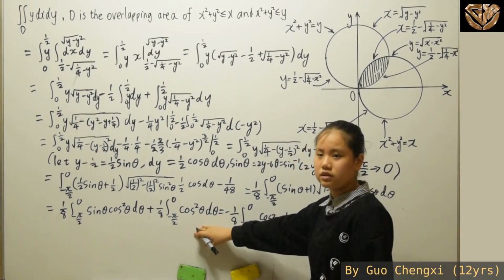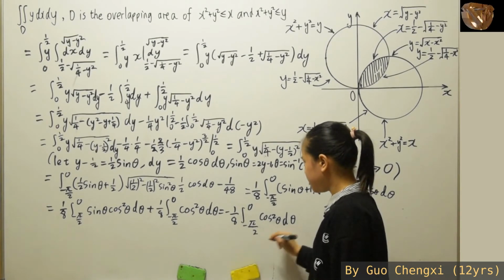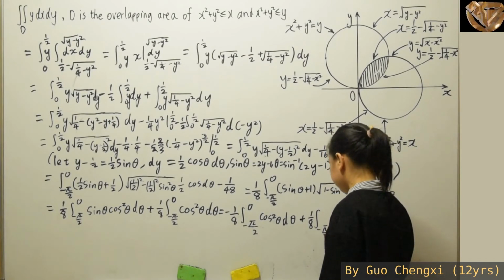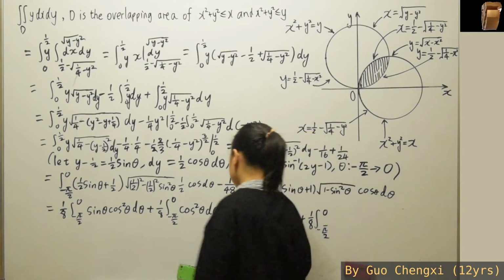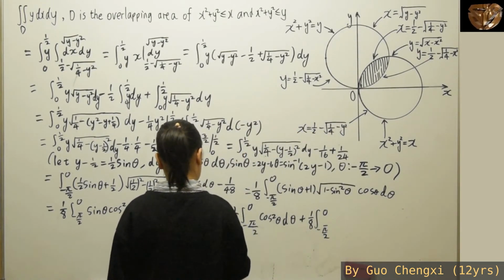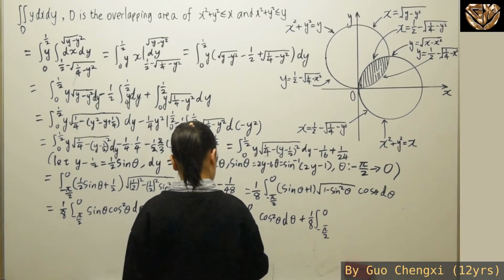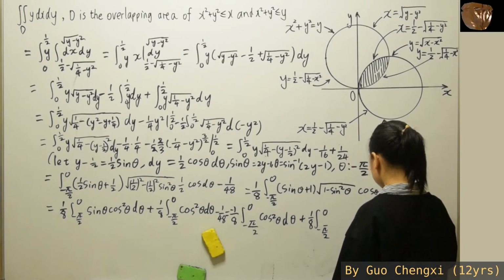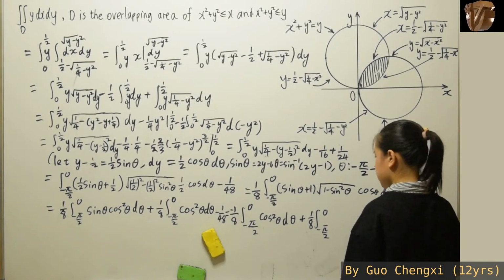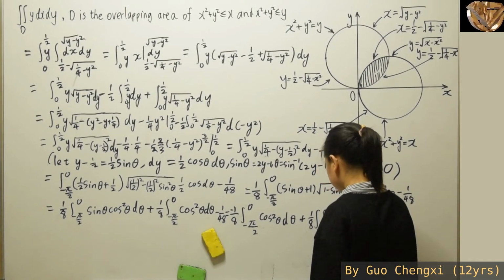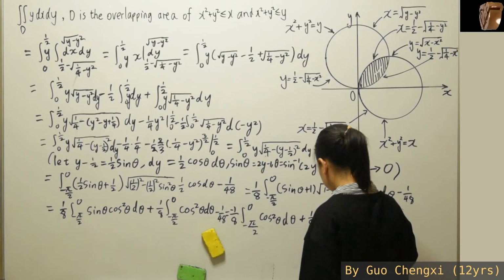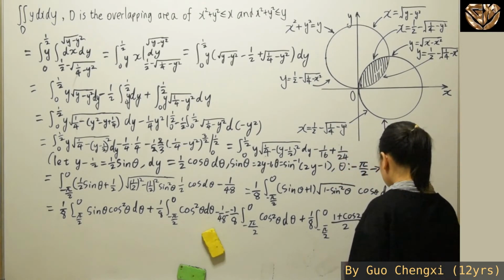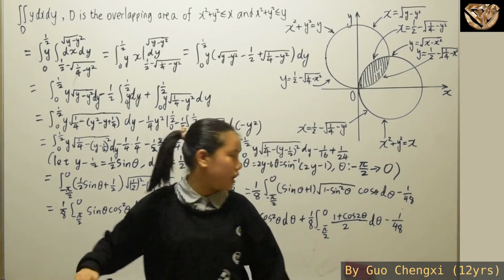And then for this part on the other, over here for this part, you use the double angle formula and you'll get this.